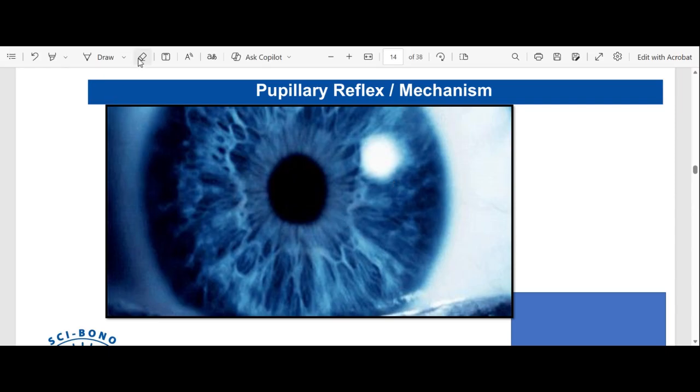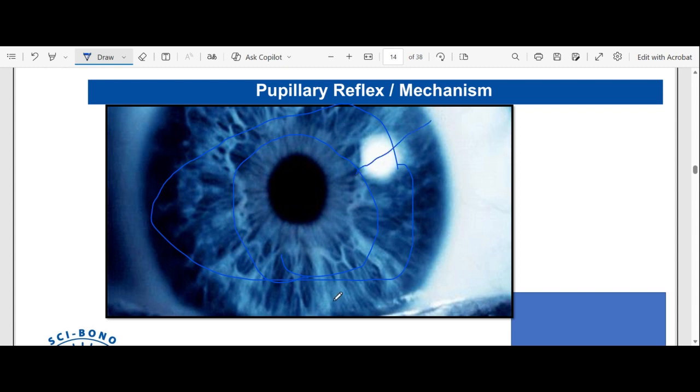Your circular muscles will be like this, just around your iris. Even though I'm not doing justice to this drawing, your radial muscles will spike in like this.